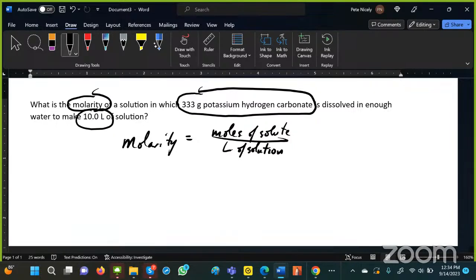We're given the liters of solution, that's the 10 liters here. So the real issue is, how do we determine the moles of the solute? We're given 333 grams of potassium hydrogen carbonate. So how would we convert that to moles?